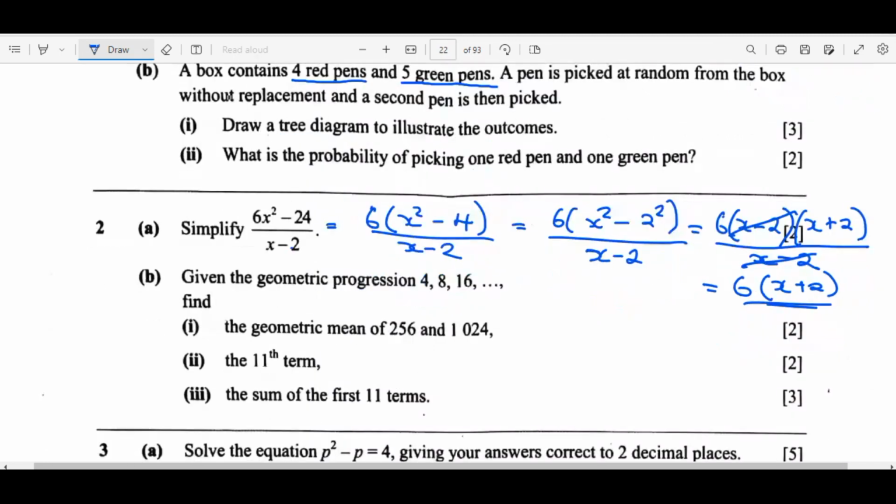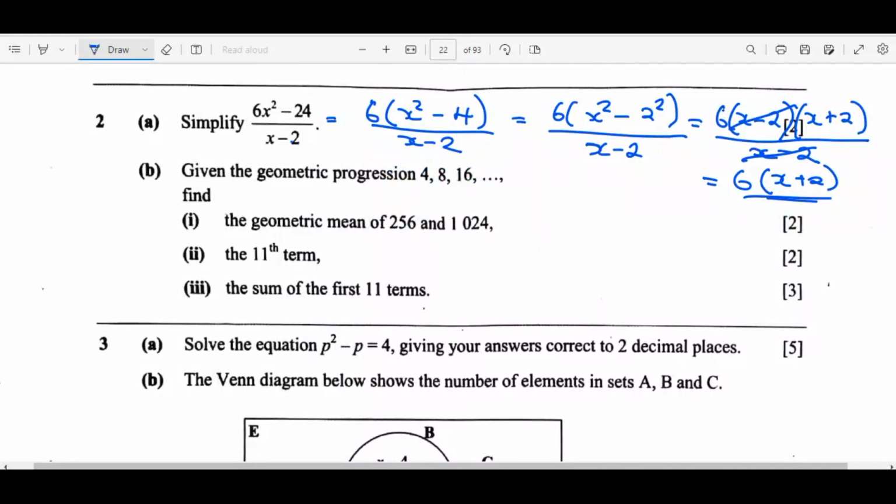Okay, we can move to: given the geometric progression 4, 8, 16, find the geometric mean of 256 and 1024. What we want is to find the mean.